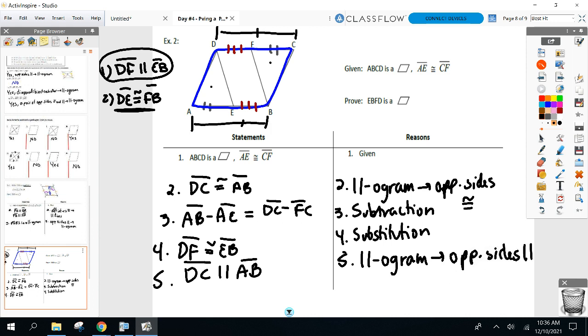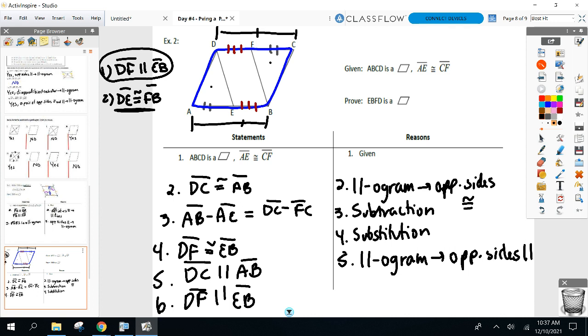Do you see where I'm getting at now? Because they're parallel, what pieces should also be parallel that we need? DF should be parallel to EB. Does everyone see that? The pieces of DC and AB should also be parallel.